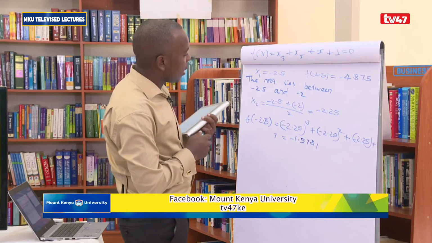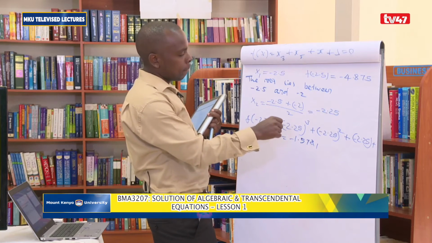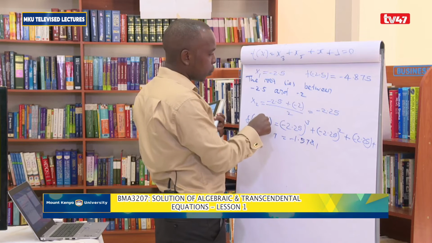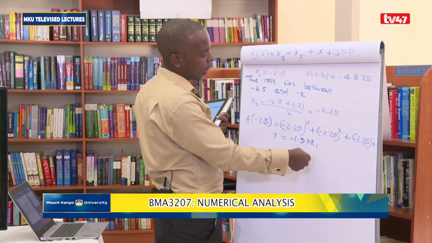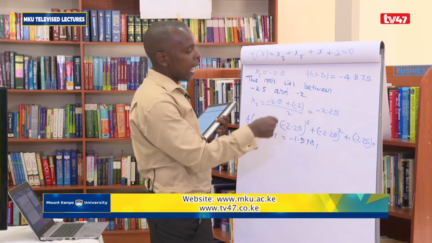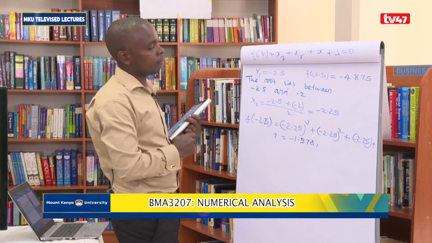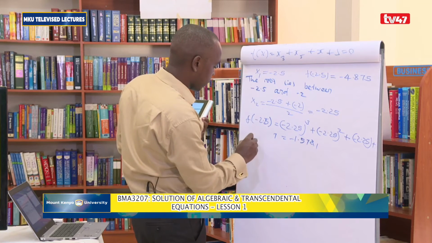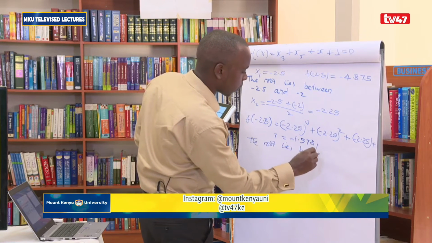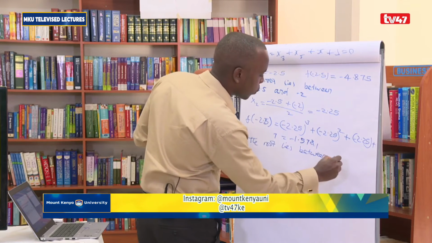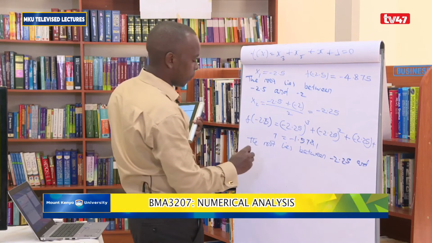Therefore, we can easily say that the root lies between negative 2.25, since f of negative 2.25 is negative 1.5781, and negative 2, since f of negative 2 is 1. So the root lies between negative 2.25 and negative 2.